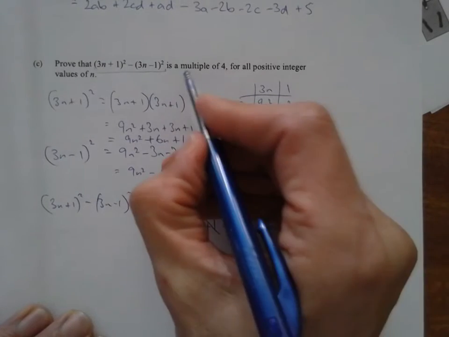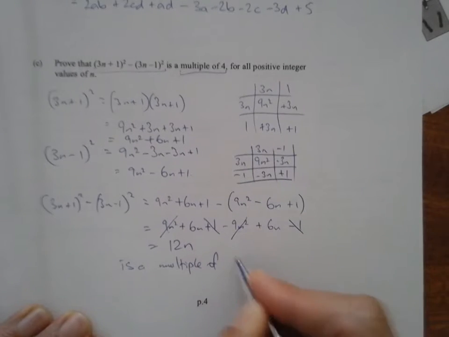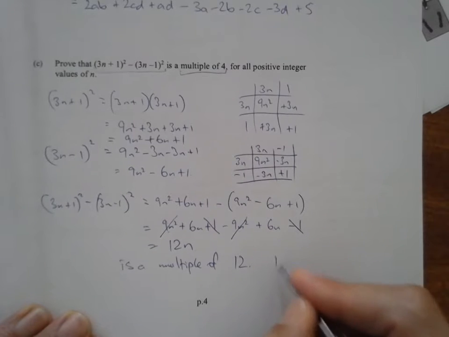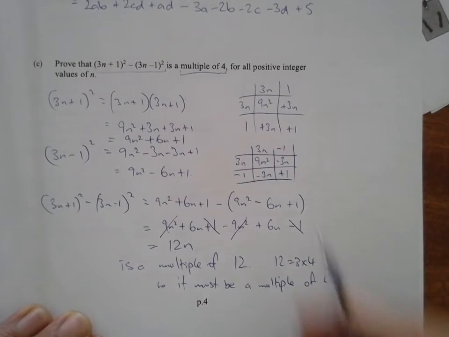Now to show that it's a multiple of 4, okay, 12 times the number is 3 times 4 times the number. Okay, it's a multiple of 12. 12 is 3 times 4, so it must be a multiple of 4, if n's a positive integer, like we're told back here.